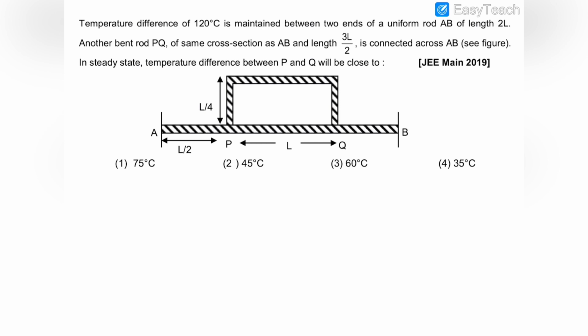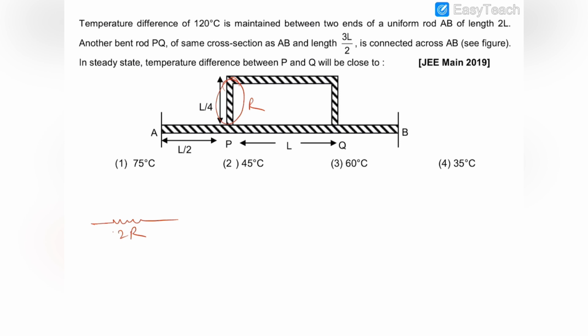Now let us consider that the resistance of this part of the rod is R. So we can see that this circuit would be like that, this would be 2R, because we have considered that if the length of this part is L by 4 and its resistance is R, then this length is twice as compared to this one, so its resistance would also be twice.